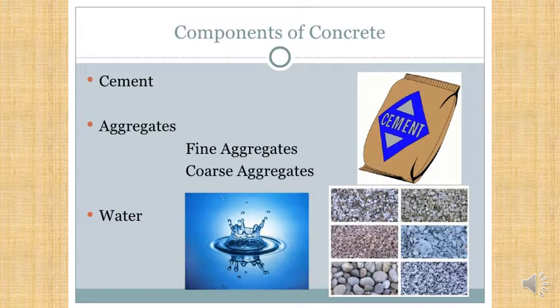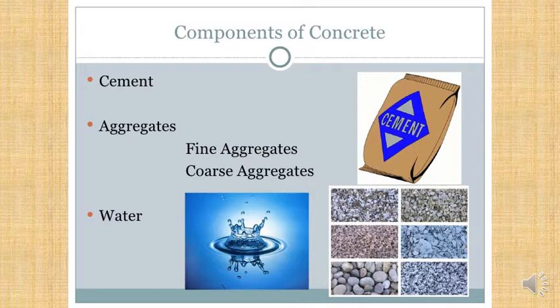They're used interchangeably. They are not the same thing. Cement is a glue that can hold aggregate particles together, and when that happens, then it forms concrete. And water is part of that ingredient. You need that to react with the cement.